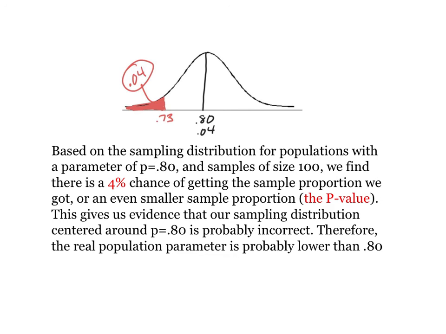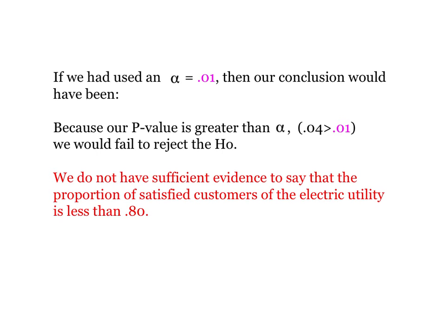Okay, we're going to get that one for right now. If we had used an alpha of 1% instead, okay, it's kind of like confidence intervals. Remember, you could have 90% confidence intervals, you could have 95%, or you could have 99%. For hypothesis testing, you can have different values of alpha. Kind of the typical one is 5%. That's the one you're going to see the most.